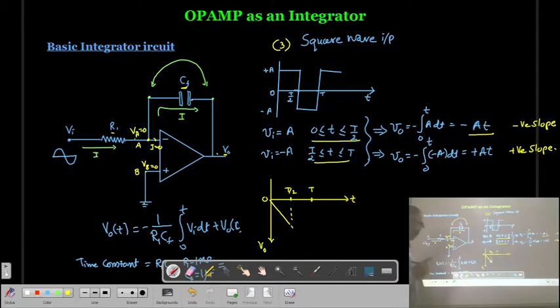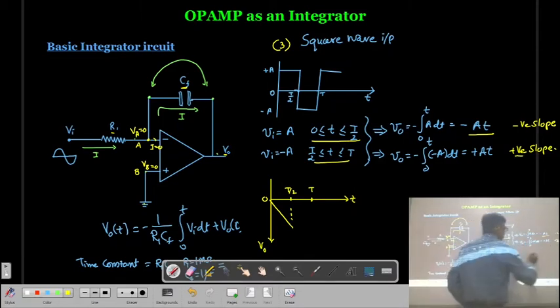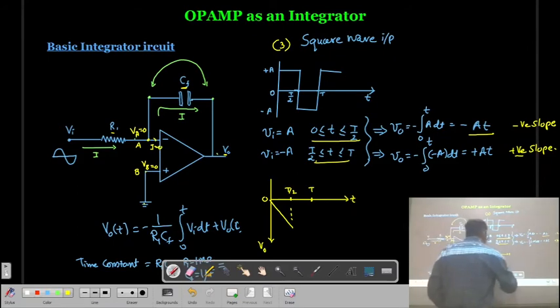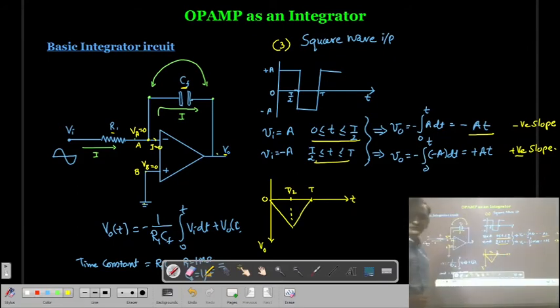Slope of this line is minus A. And then during the time period of T by 2 to T, we have a positive slope, so output voltage is increasing in this manner.